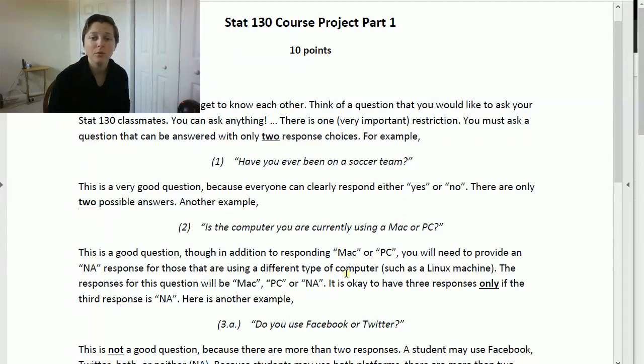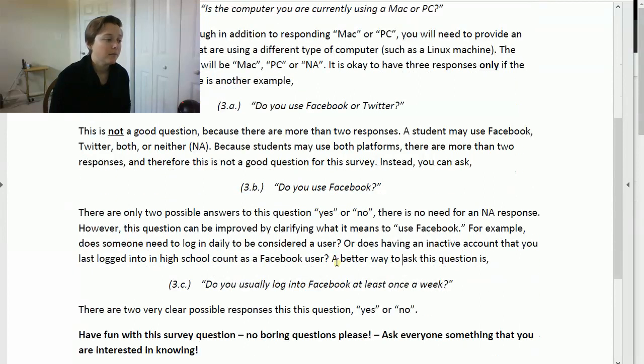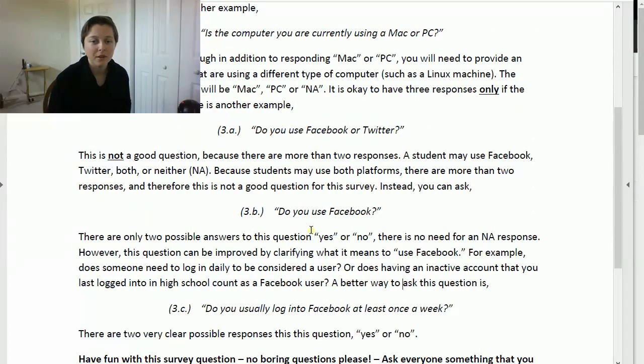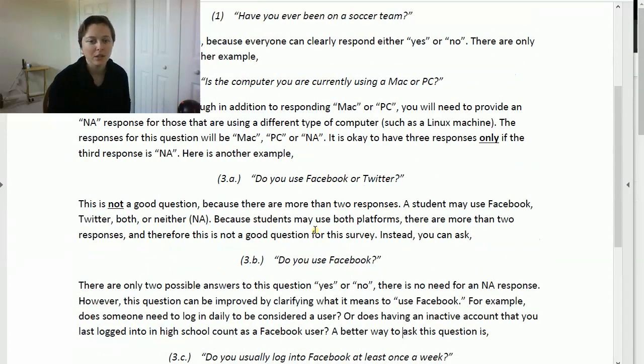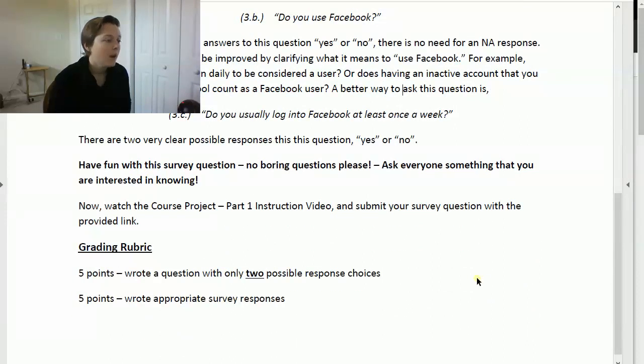So it's really only two possible responses. Another example of an NA type response is if you're asking a question that's geared towards only girls, and then the boys might say NA because that's not applicable to them. So that's okay to do.